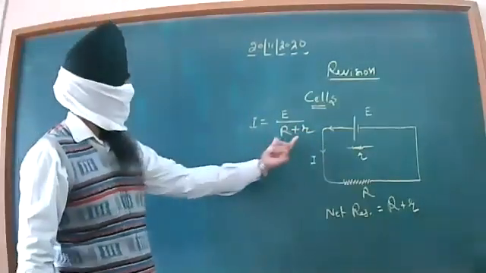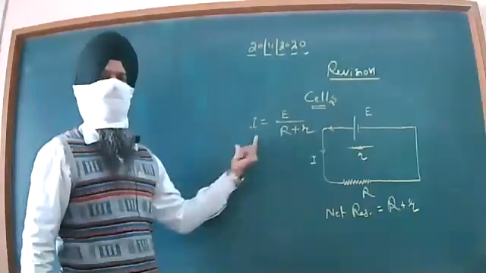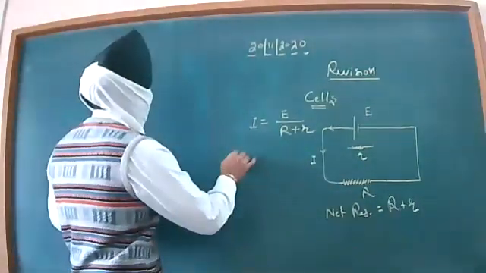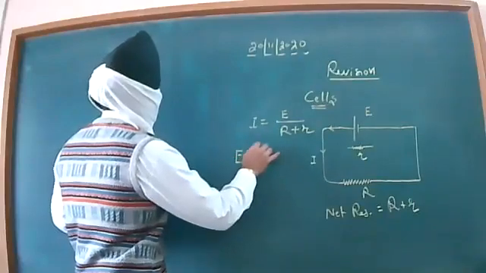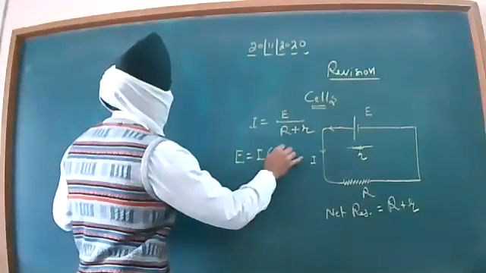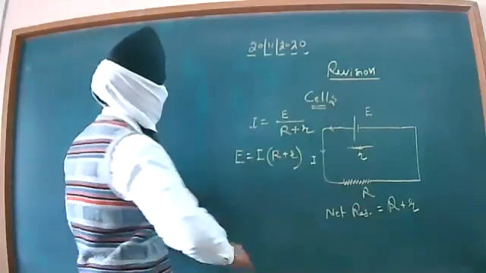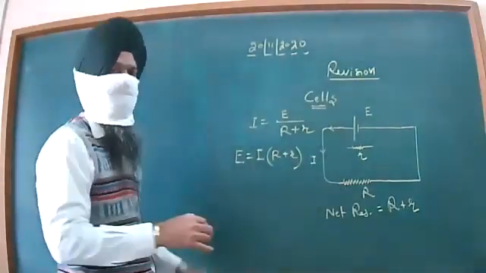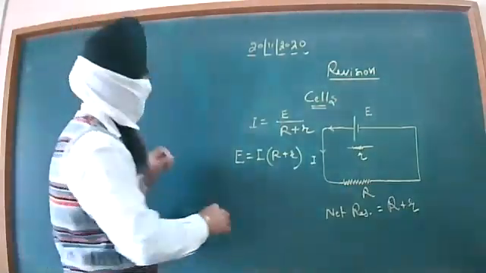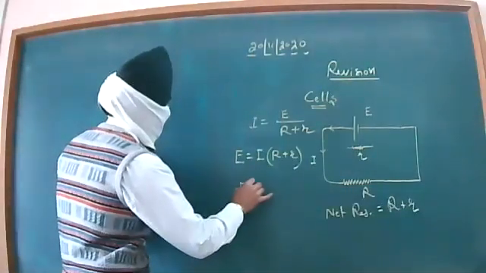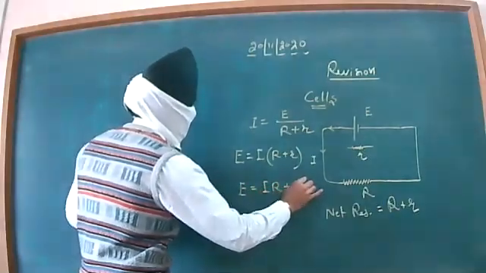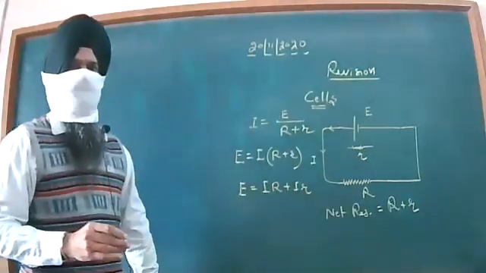Now this denominator term can be shifted to the left hand side, and we will have E equal to I into R plus small r. Let us take I into the bracket, and we will have E is equal to I into R plus I into small r.